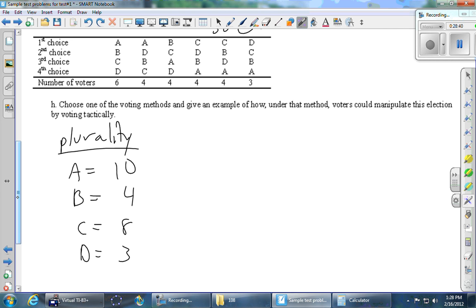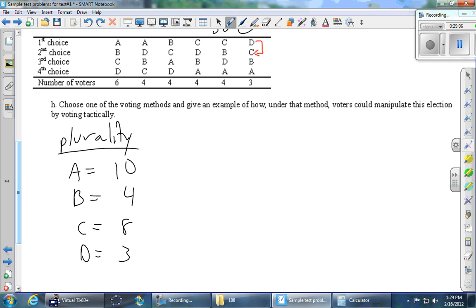For example, these folks right here in the last column, they really thought D was the best, but D is nowhere near winning this election. But those same people thought A was the worst, and so this is a very unhappy outcome for the people in this last column. So we're going to tell those people in the last column, hey, change your vote. You're about to get your worst possible thing. A is going to win, but you don't want them to.